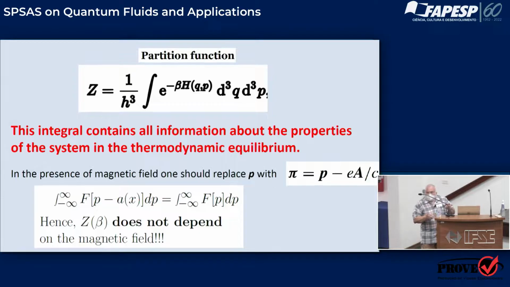They appear implicitly, because after integration over P, we have to integrate over coordinate, and the integral must exist. If we have no boundary, motion will be infinite, and the integral will not exist. Therefore, the boundary is here implicitly.